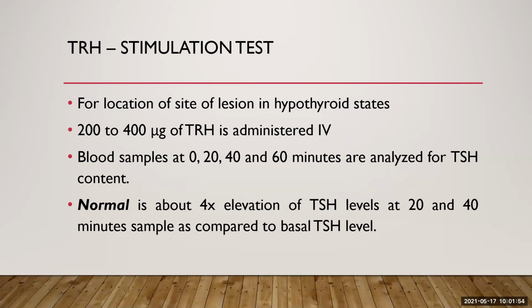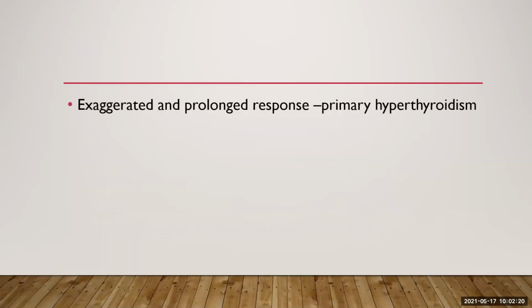So we compare the values that we get at 20, 40 and 60 minutes with the basal, and we see if there is a normal level or not. A normal functioning thyroid gland is considered when we have 4 times the value. Let's say at 0 sample we got 10 micrograms. We see at 20 to 40 it should be around 40 or 50. A 4-time increase is seen in normal conditions.